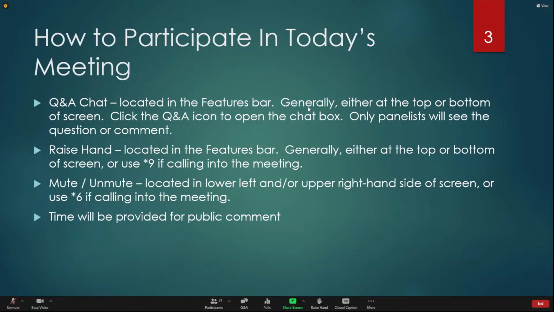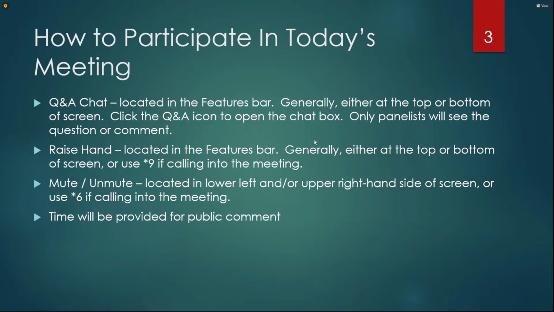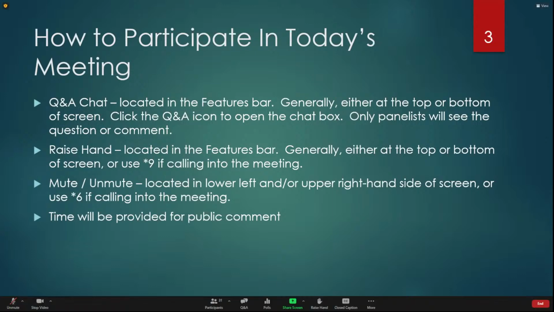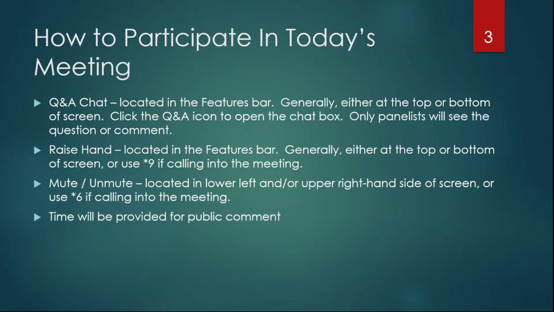If you click on that Q&A chat box, it will pop open a box where you can type in a question or a comment. Those only come to the panelists, which consist of Nina and myself this morning. So we'll see those when we get to time for public comment and discussion. We'll work through a combination of questions and comments in that chat box or that Q&A feature.